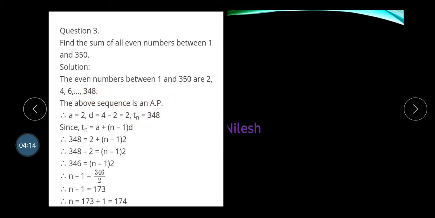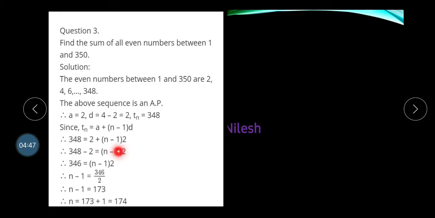So to find n, we need to write our formula Tn equal to A plus n minus 1 times D. We will be substituting the values. 348 equal to 2 plus n minus 1 times 2. Subtracting this 2 on both the sides of the equation, we get 348 minus 2 equal to n minus 1 times 2. 346 equal to n minus 1 times 2.